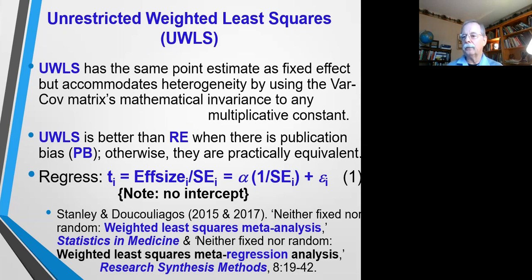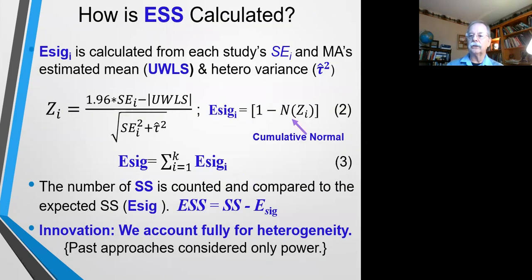No intercept. It's very important to do this without any intercept. In any case, the estimate of this coefficient on precision is the unrestricted weighted least squares. Just your standard statistics that get reported in any kind of regression package will give you unrestricted weighted least squares, its confidence intervals, its t-values and everything else.